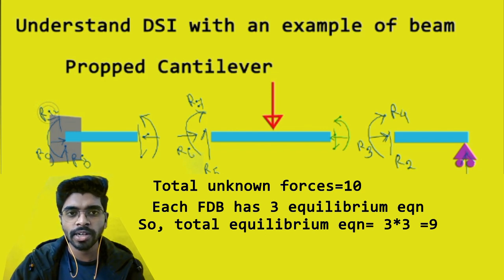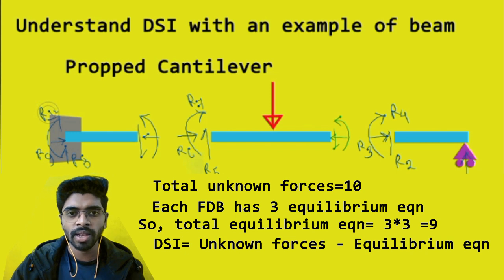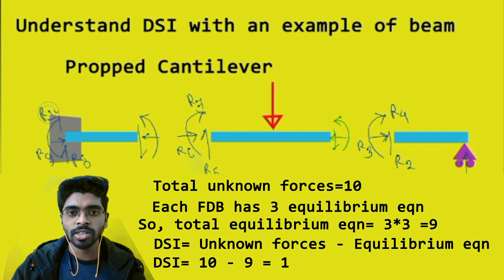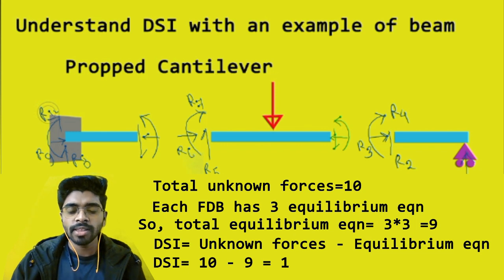Hence, to calculate degree of static indeterminacy, we just have to subtract total unknown forces minus total available equations. For this example, we have 10 unknown forces and 9 available equations. So for this example, degree of static indeterminacy is equal to 1. This is just a brief way of explaining the concept of indeterminacy.